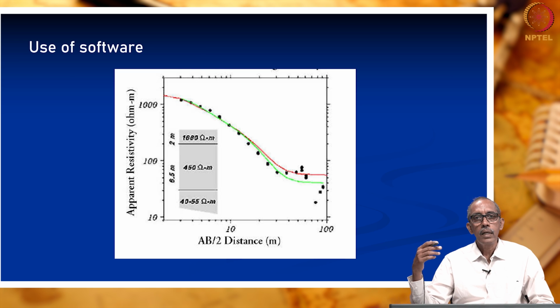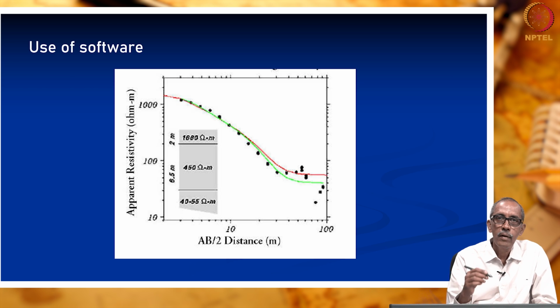So, several commercial developers have come out with some software which has got the data in that. So, this commercially available resistivity interpretation software can automatically do the job of curve matching, right. That is one example I am showing here.